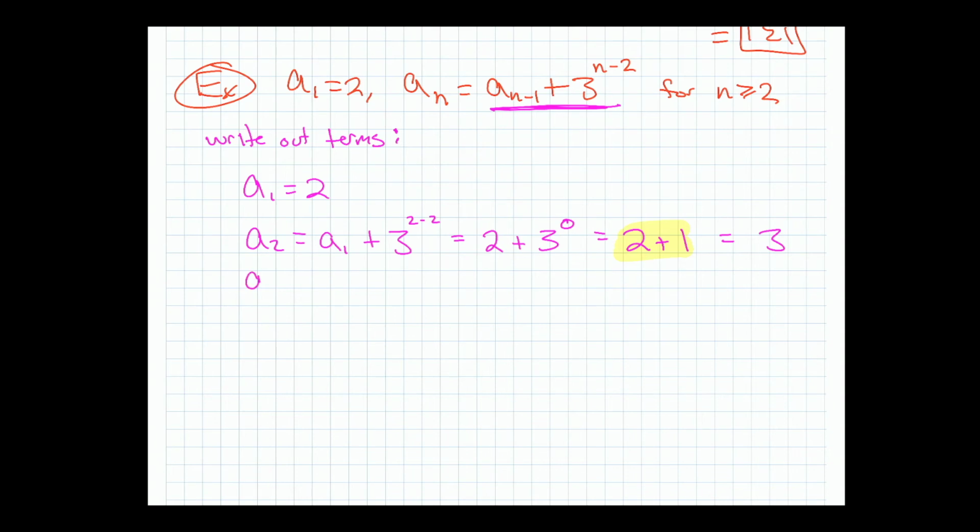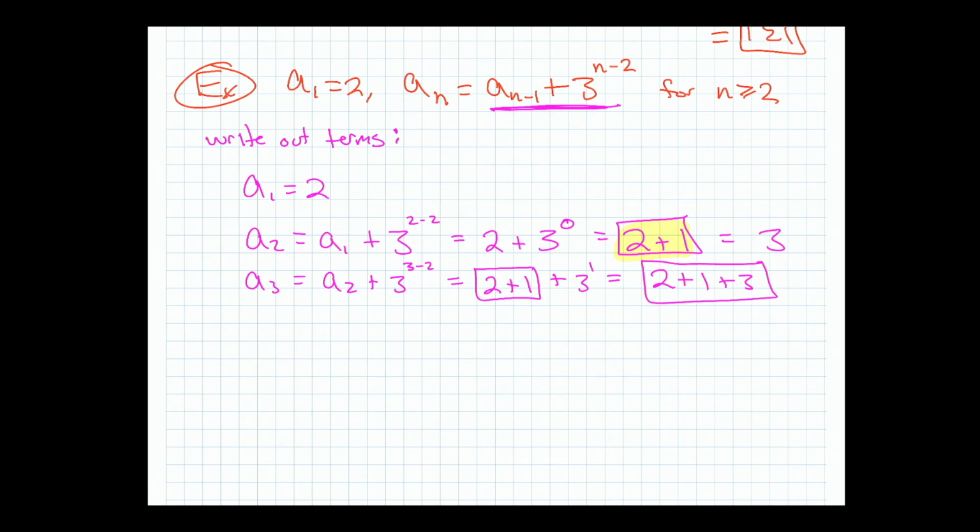So A3 is A2 plus 3 to the 3 minus 2. I'm going to use this form of it. So we're going to have 2 plus 1 plus 3 to the 1, which is 2 plus 1 plus 3.